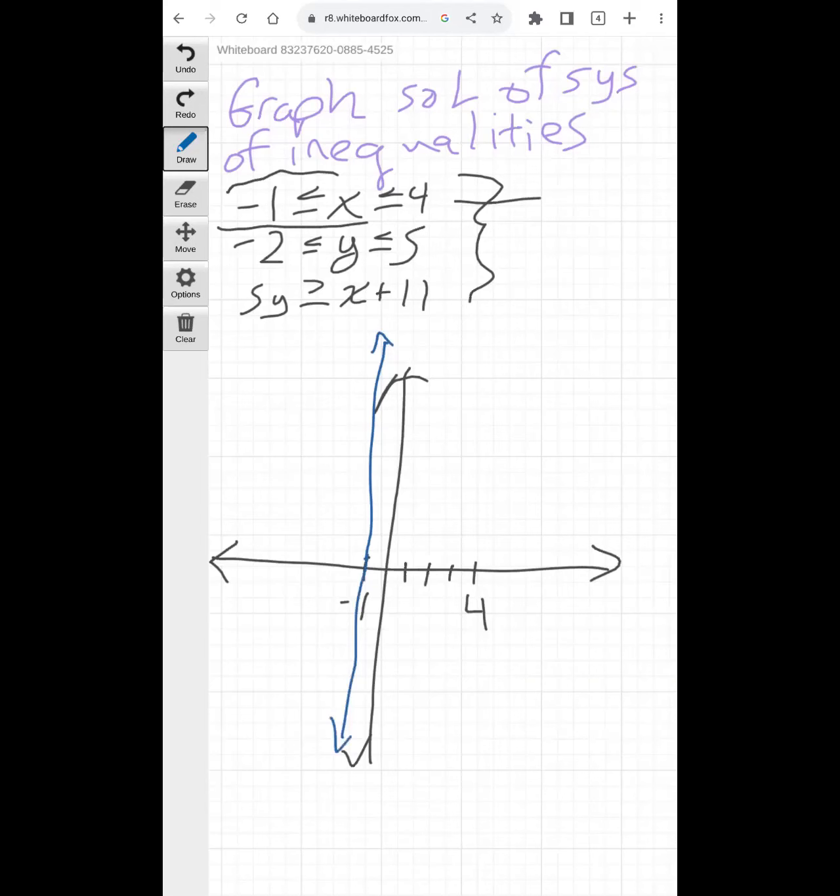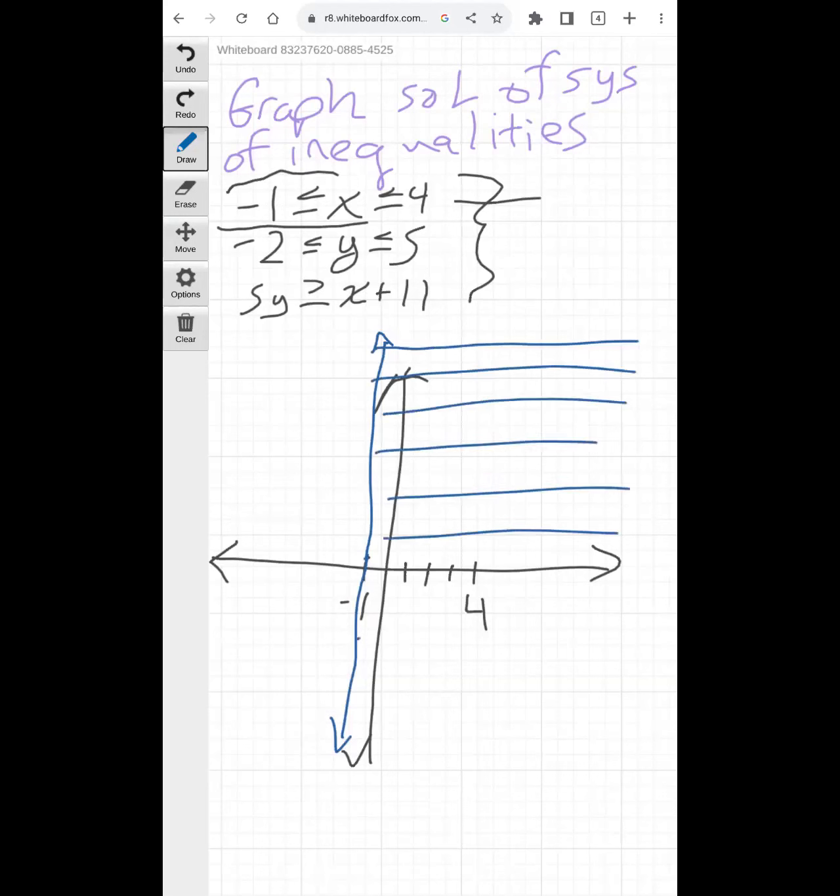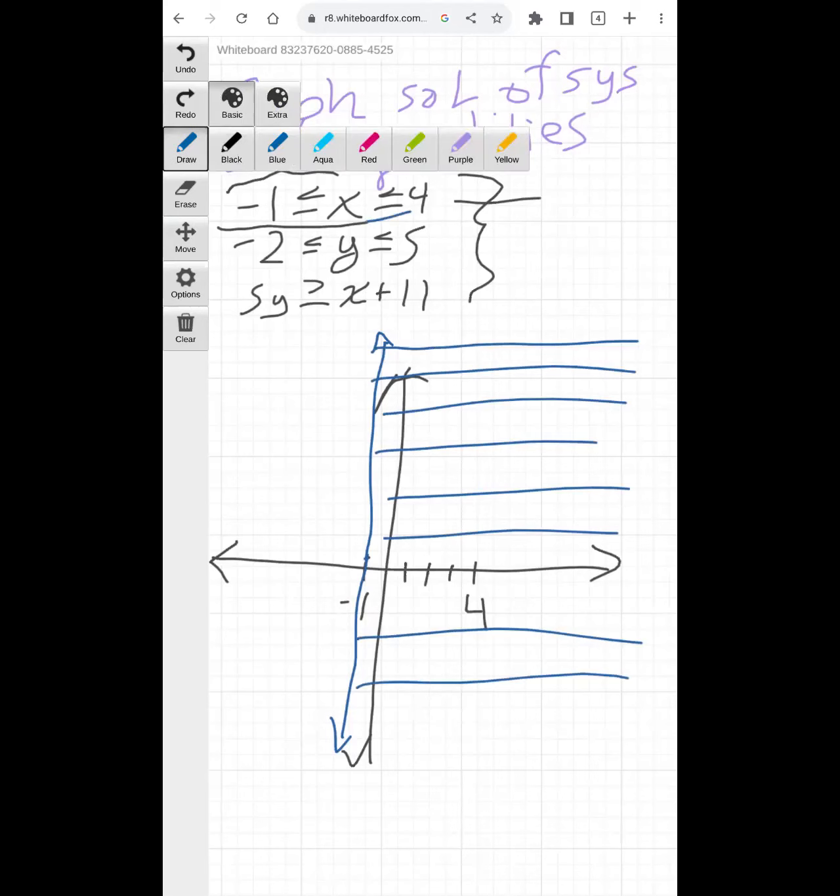All values of x that are greater than or equal to -1 are the whole area to the right of this line where x equals -1. Another part of this inequality is all values for x that are less than or equal to 4.